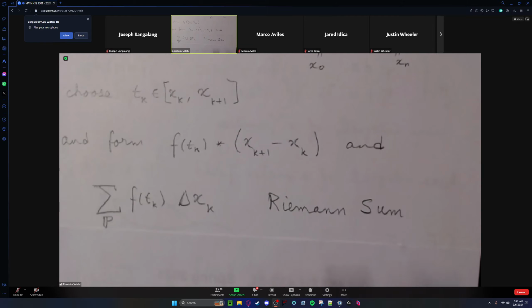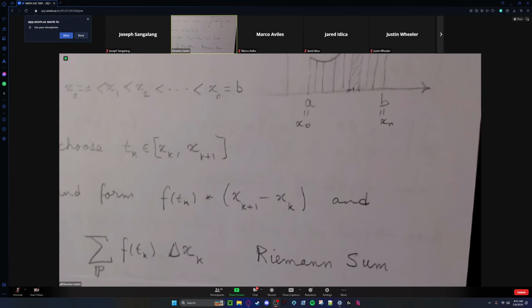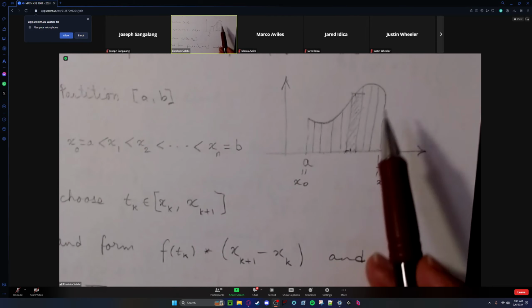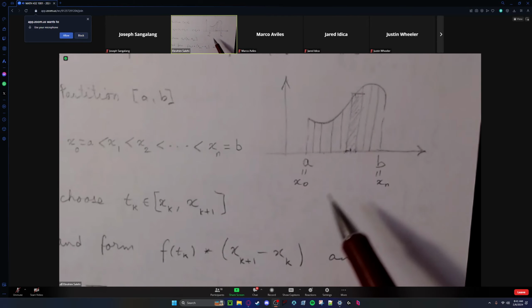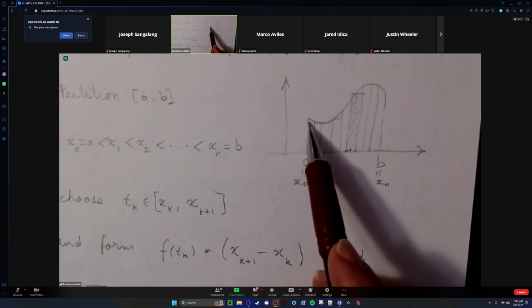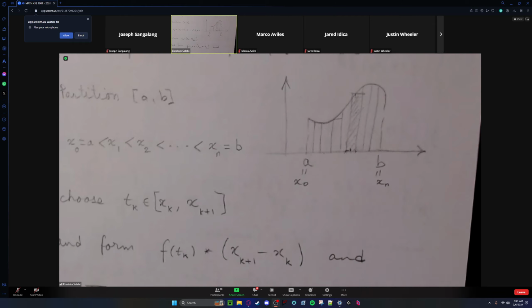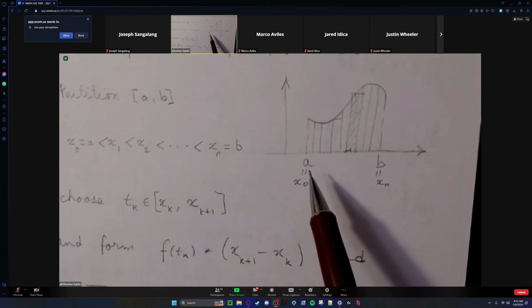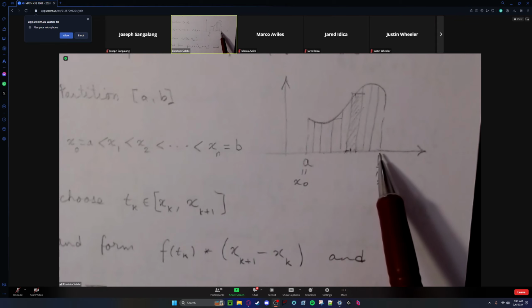Now, if you want to find the area under the curve, this Riemann sum, which is the area of these rectangles or rods added together, will not be exactly what we are after. So the question is, how do we get the exact area here?